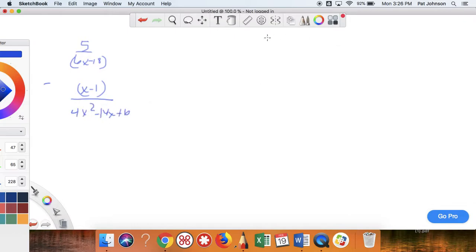Well, I have to first get a common denominator. So factor out a 6, I get x minus 3. Then I have 4x squared minus 14x plus 6. I know I can factor out a 2, and I'm not going to do the factoring, but it ends up factoring to x minus 3 times 2x minus 1.